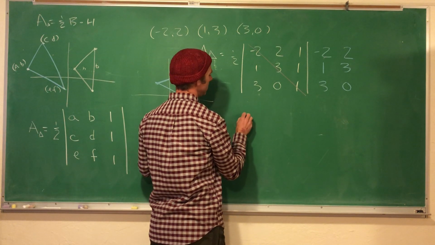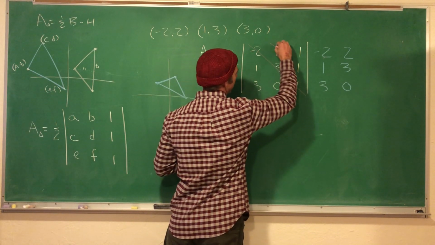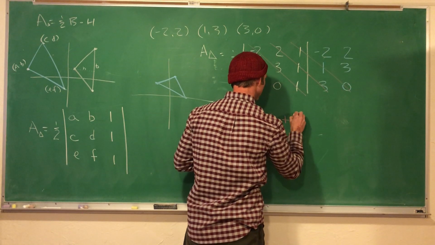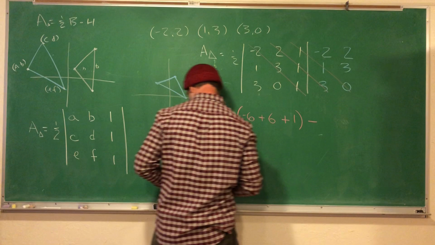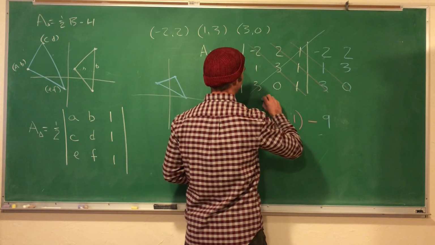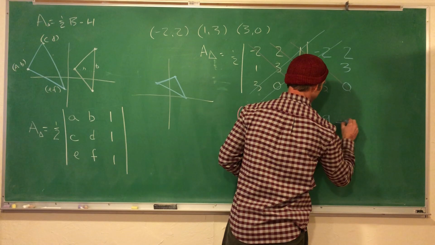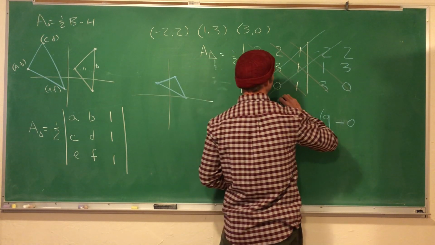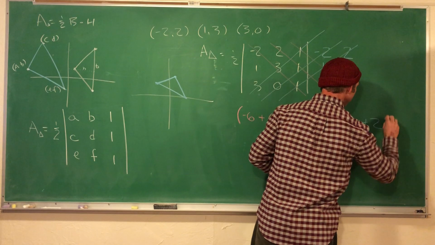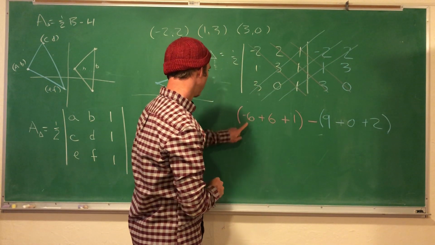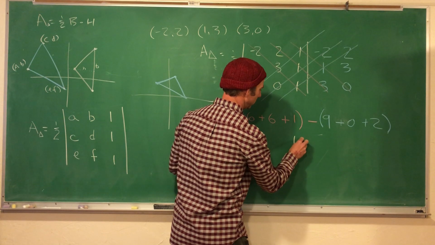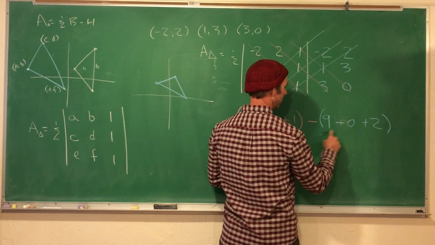So we're going to have -6 plus 6 plus 1 minus 9 plus 0 plus 2. -6 plus 6 is 0, 1 minus 9, 10, 11.